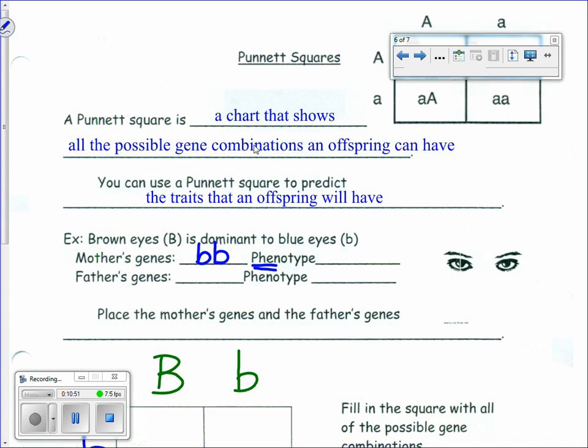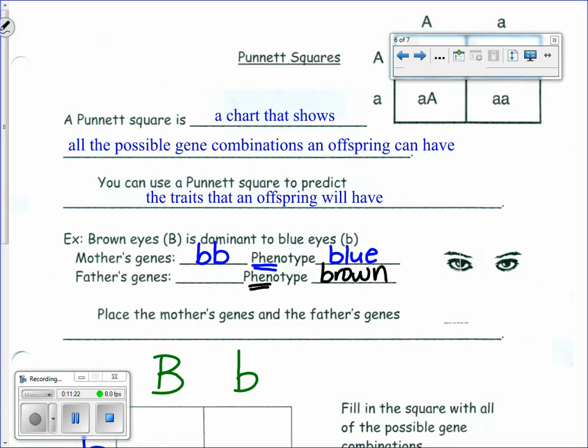Phenotype is a word that describes your physical features. So if her genes were 2 little b's, what's her phenotype? Blue eyes. Good job. Dad had what color eyes? Brown eyes. So Dad's phenotype was what? No, phenotype. You just said it. Brown. Dad's phenotype is brown eyes.